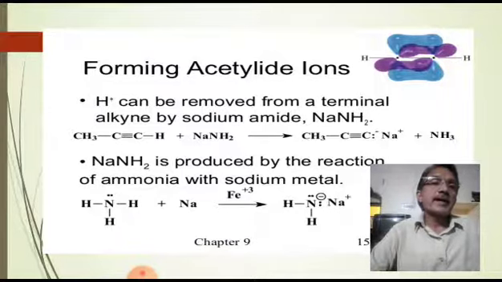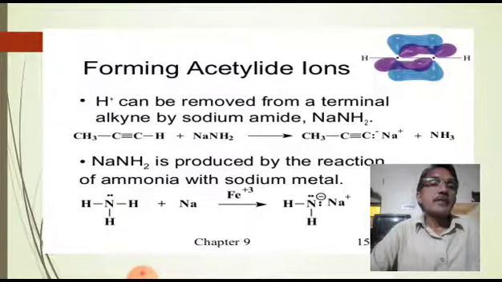Forming acetylide ions. Hydrogen can be removed from a terminal alkyne by sodium amide, NaNH2. When propyne reacts with sodium amide, it gives sodium methyl acetylide and ammonia.